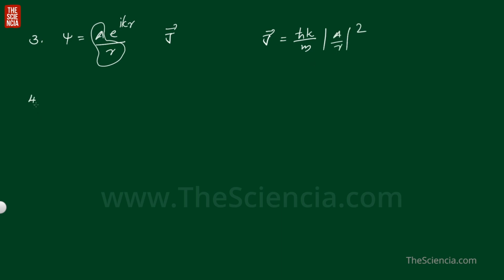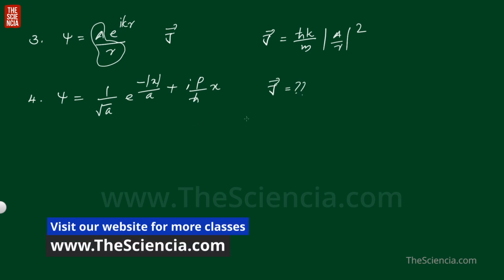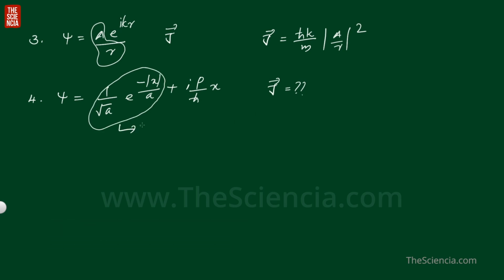One more example, fourth one, that is wave function psi is given as 1 by root a into e raised to minus mod x by a plus i p by ħ x. Find the j. Here this entire term is amplitude, and we know p by ħ is equal to k, that is we know p is equal to ħk.